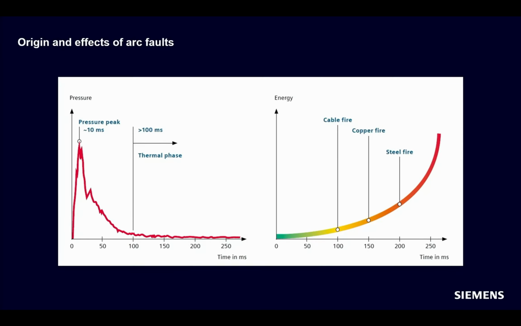The pressure rises rapidly, like an explosion. There's a bang. As a result, the temperature also rises sharply and can reach values of several thousand Kelvin. In addition, the high temperature also burns or vaporizes the material surrounding the arc fault. The first thing that burns is the insulation materials of the cables.